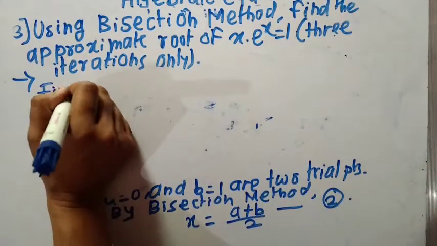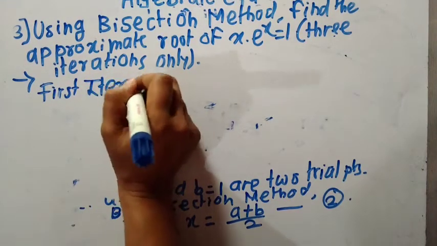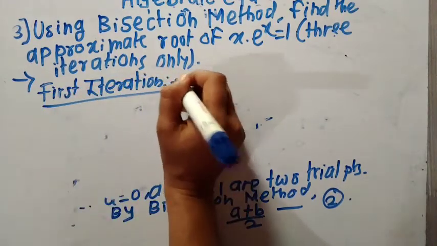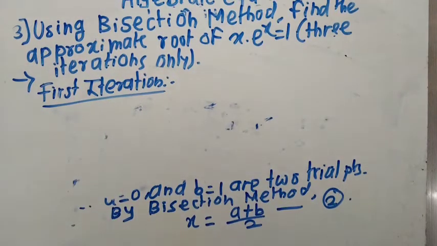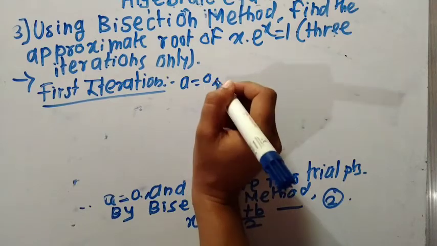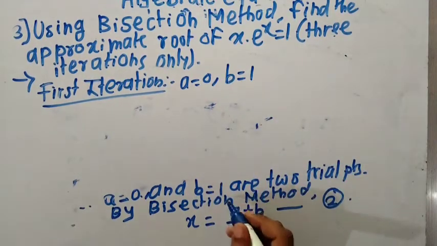So first is first iteration, a is equal to 0 and b is equal to 1.